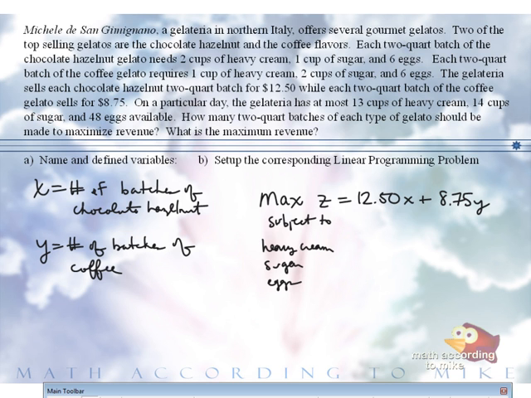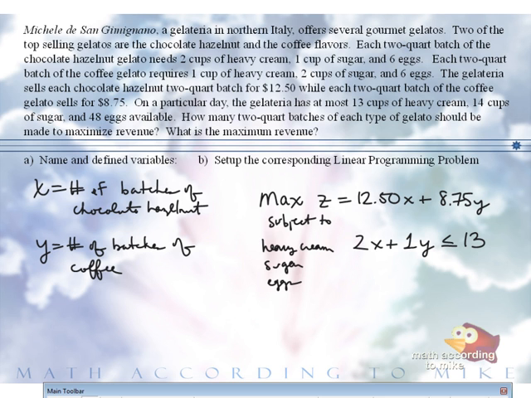What does that give us? 2X plus 1Y. Is that okay? And the gelateria has at most 13 cups of heavy cream, so 13.